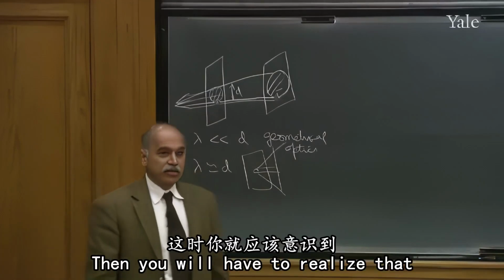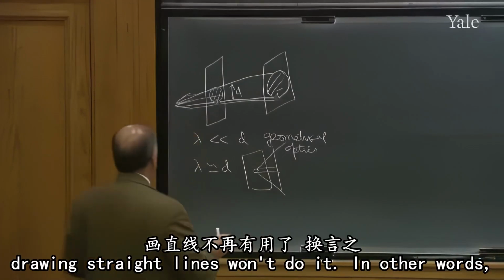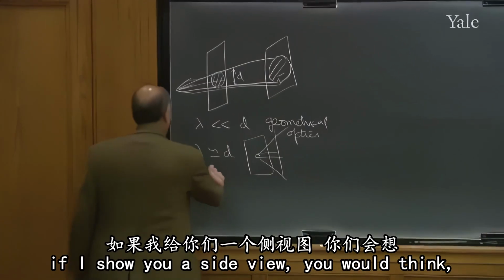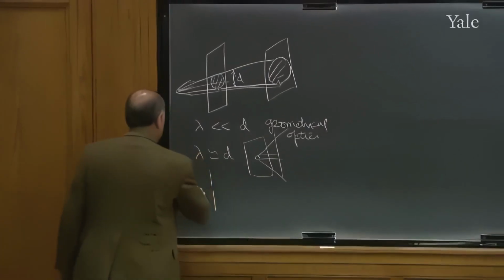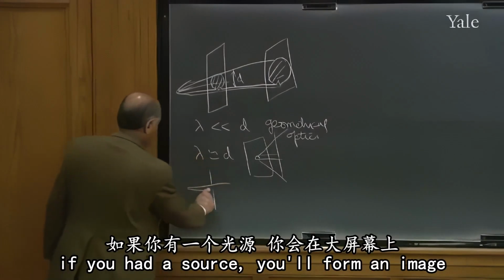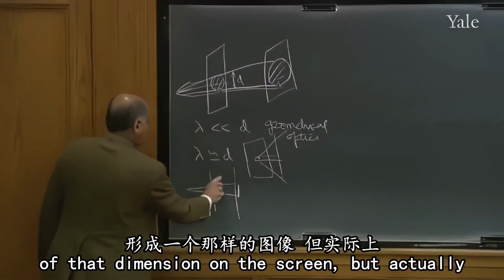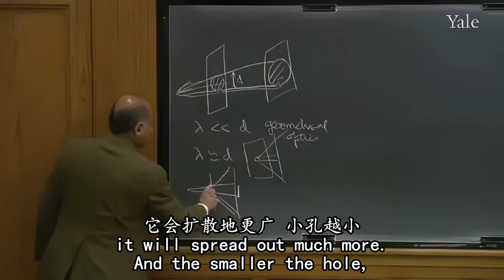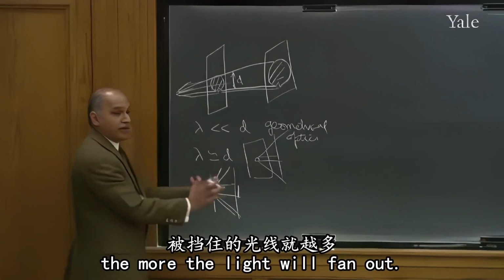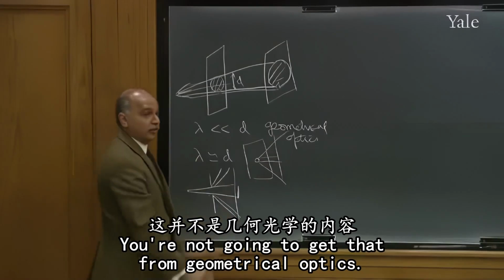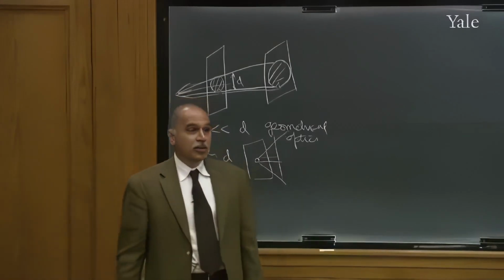Then you will have to realize that drawing straight lines won't do it. In other words, if I show you a side view, you would think if you had a source, it'll form an image of that dimension on the screen, but actually it'll spread out much more. And smaller the hole, more the light will fan out. You're not going to get that from geometrical optics.